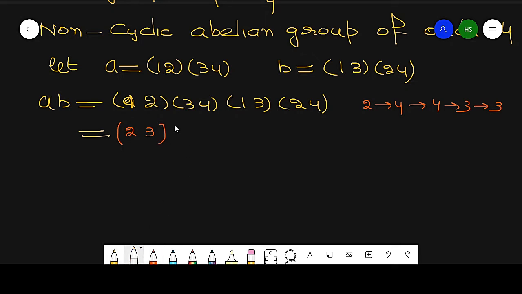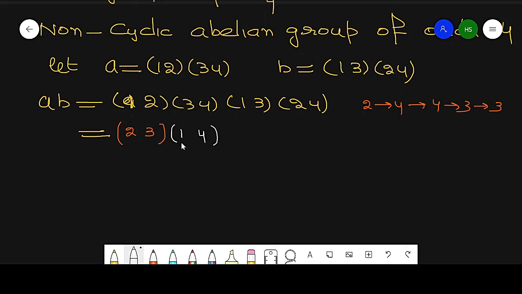Now next I take 1, because 2 and 3 are used. 1 goes to 3, 3 goes to 4, so 1 goes to 4. Now 4 goes to 2, 2 goes to 1. This cycle is complete.